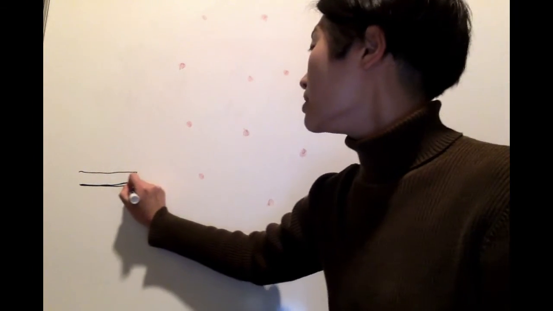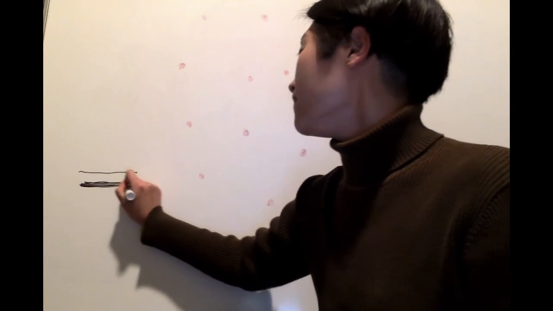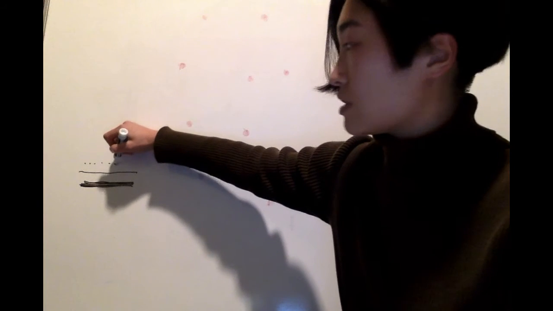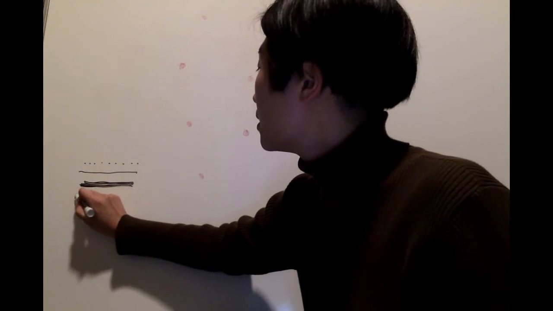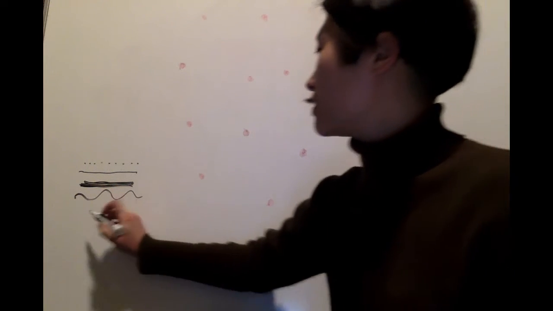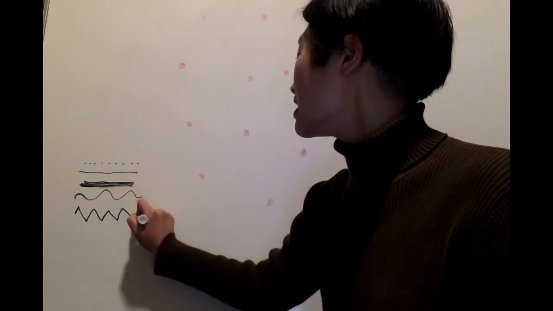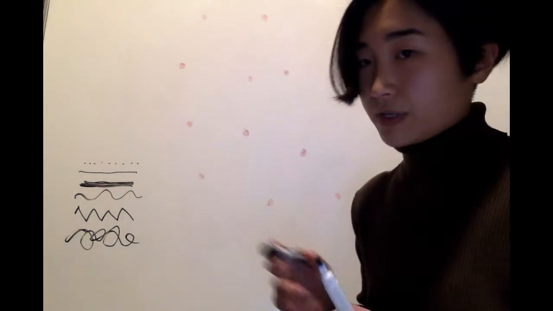And remember, a straight line, or lines in general, are made out of little dots. So we will use dots as well. And then we have wavy line, remember? And we also have zigzag line. And lastly, some scribble scrabble. So we will use them in order.